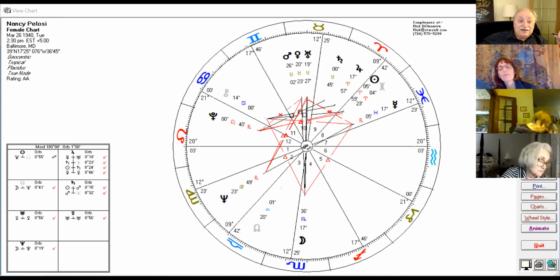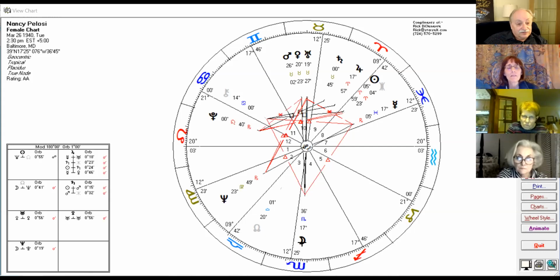So Miss Pelosi, her most angular planet is the moon. So we know that she's very, very lunar, and she's very Cancerian, and she's an Aries. And frankly, this is exactly why she is well endowed. That's where it comes from.